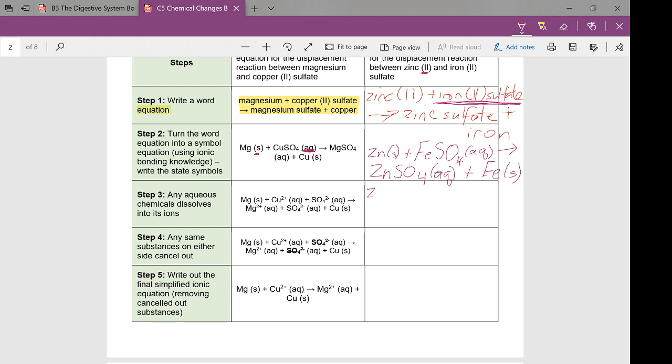So we have ZnSO4. That is aqueous, so it's going to be split. But then the FeSO4 gets split back up into its charges.